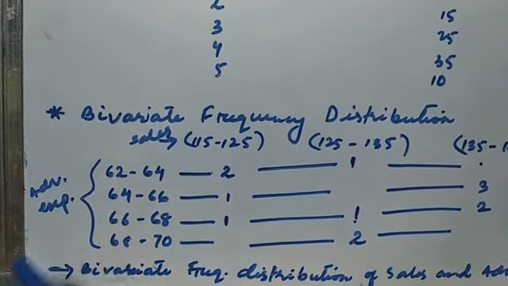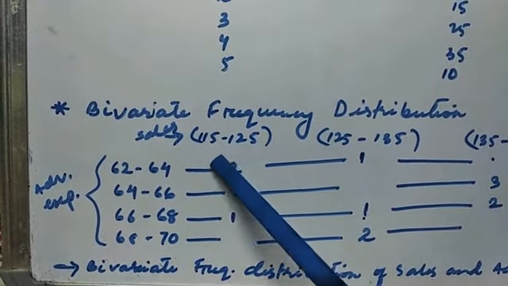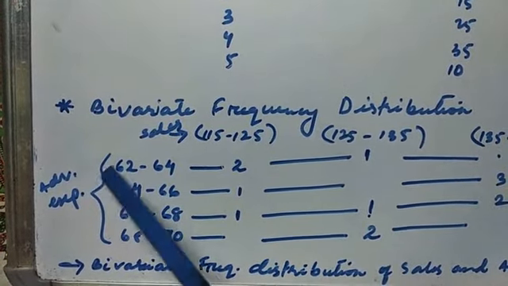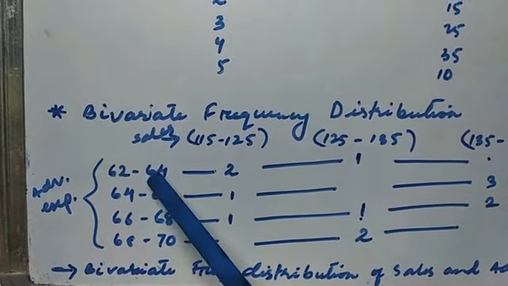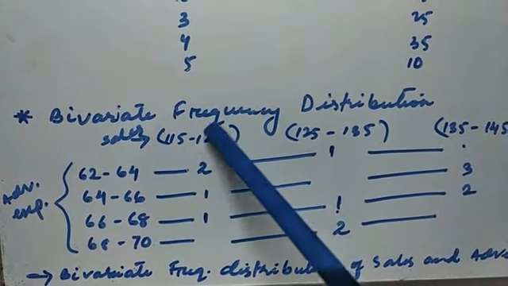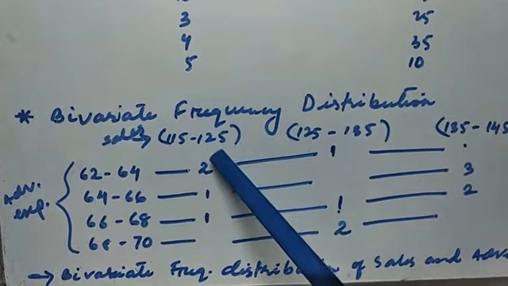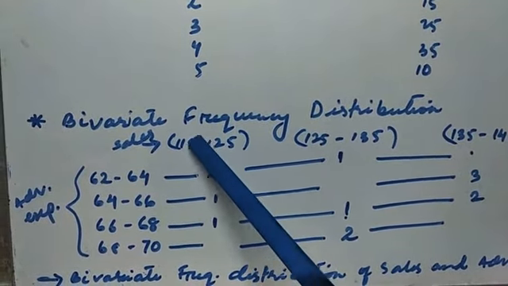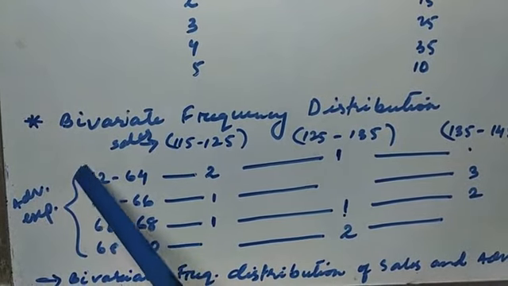having an advertisement expenditure of 62 to 64 lakhs. So there are two companies or firms spending 62 to 64 lakhs on advertisement and making sales of 115 to 125 lakhs. This frequency of 2 measures both sales and advertisement expenditure.